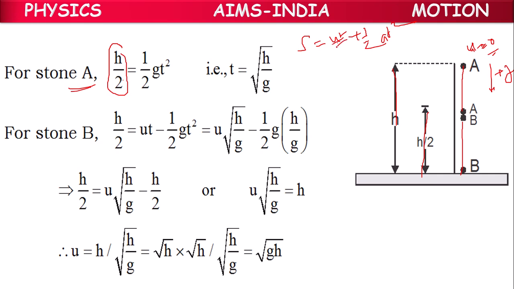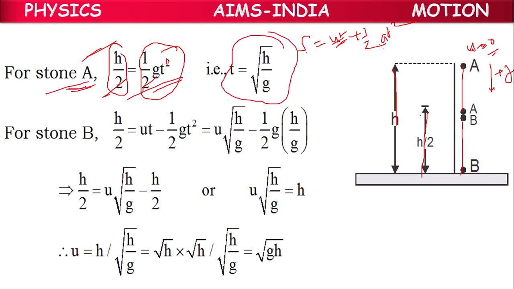So ut will become 0. Directly we can write half gt square. That is S value. But S is how much? h by 2. So 2 gets cancelled, g comes down, t square equals h by g. Square root, t equal to root of h by g. This is for stone A.